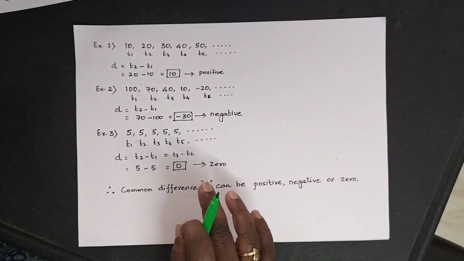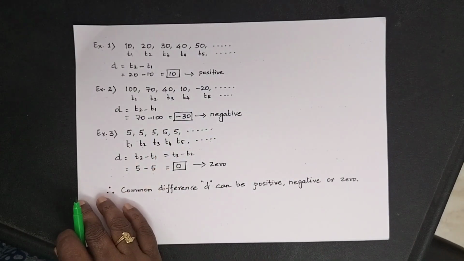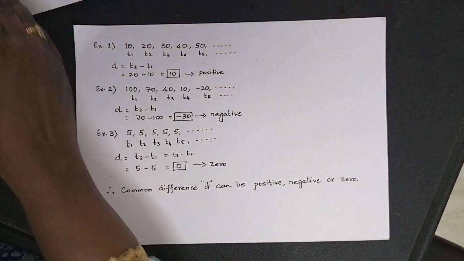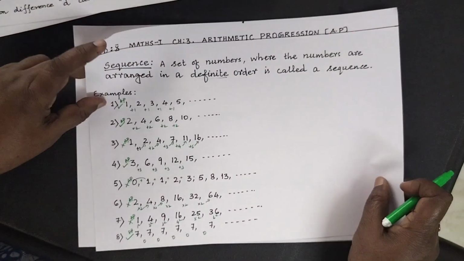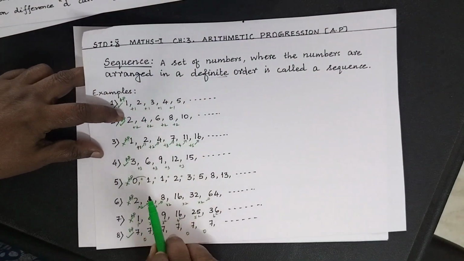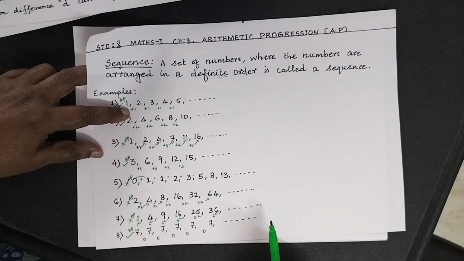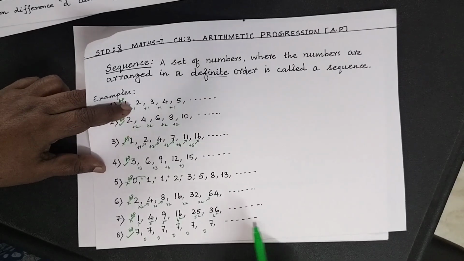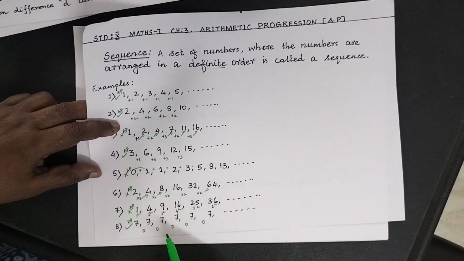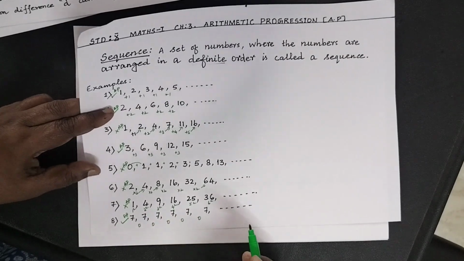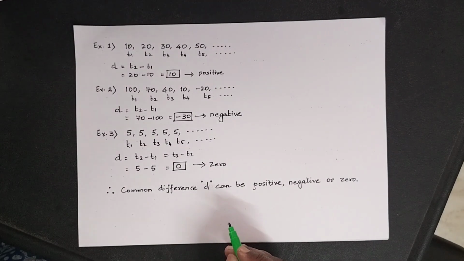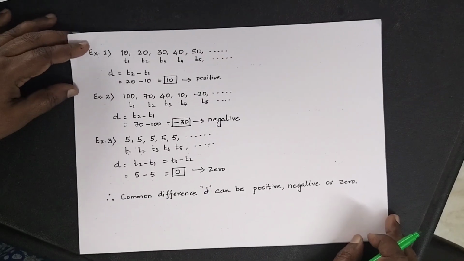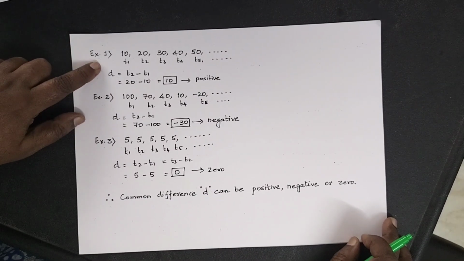Now we will see some examples. In the examples I gave you first, everywhere the common difference is positive, positive, and here also it is positive, and here it is 0. I will give you one example of negative common difference. Now look at this example.